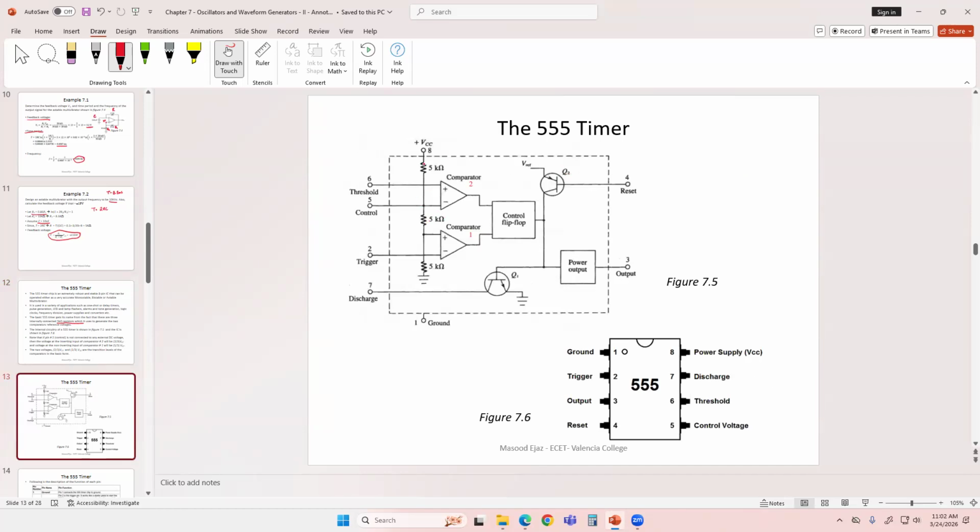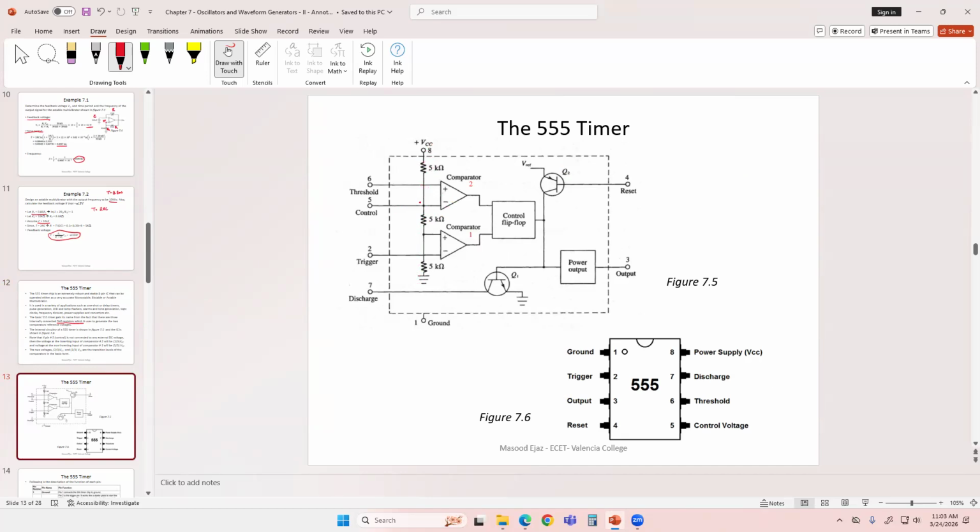then you're going to have the voltage at the inverting input be the voltage across these two 5 kilo ohm resistors. So the voltage here is going to be 2/3 of VCC because you have 3 5 kilo ohm resistors.